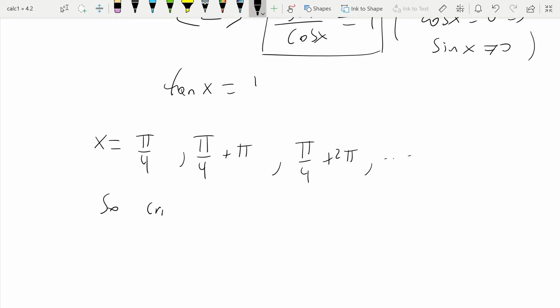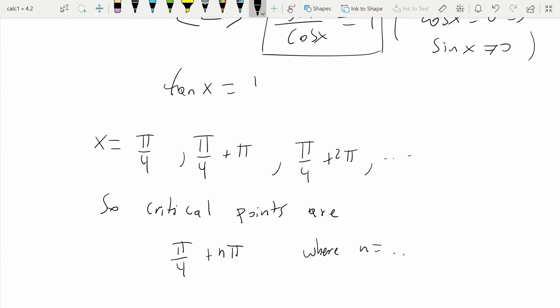So the conclusion here is that critical points are all the points of the form pi over 4 plus n pi, where n is any integer.